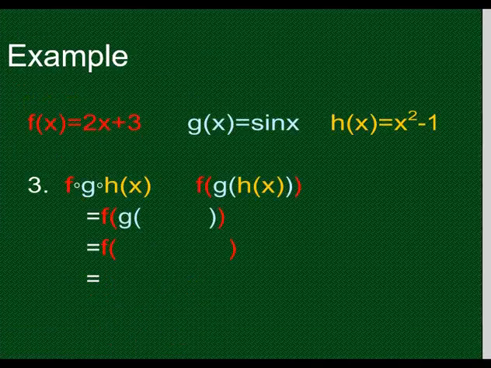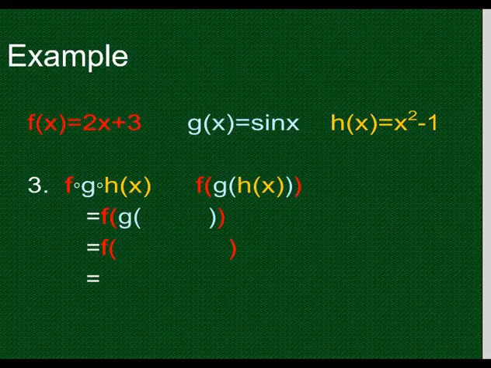All right, let's kick it up a notch. We want to do f composed with g composed with h. And they're all defined right here. So our first step would be, actually working from the right to the left. First, g finds the sine of something, and in this case, of h of x. So we got to plug in h of x here, x squared plus 1. So that would be the sine of x squared plus 1.